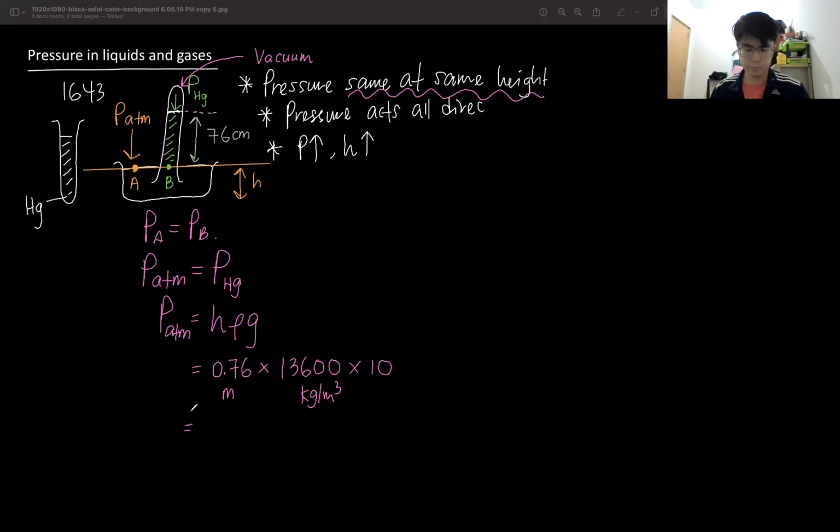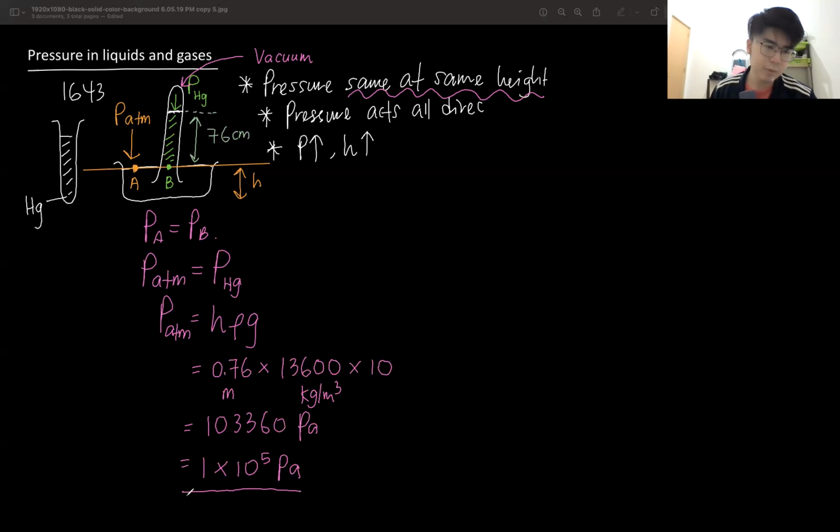Okay, calculate this, 13600 times 10 times 0.76. We get 103360 Pascal. This one, usually it can be written straight away as 1 times 10 power of 5 Pascal.